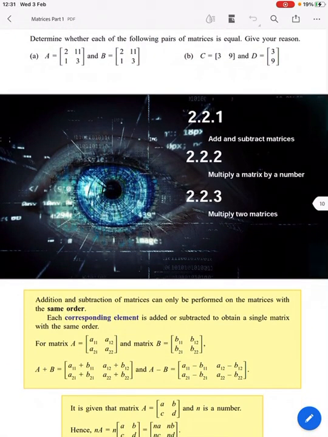Next, add and subtract matrices, multiply a matrix by a number, and multiply two matrices. Let me tell you, 2.2.1 and 2.2.2 are easy.